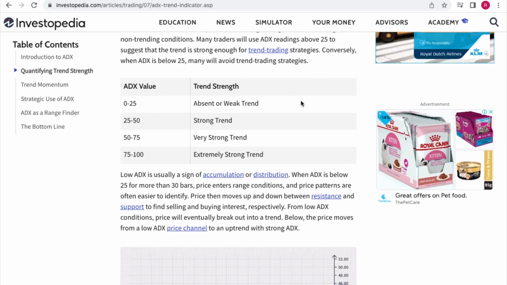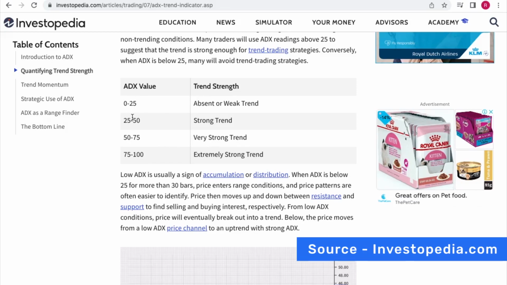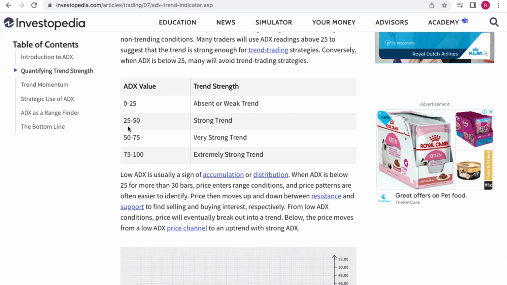This is a great table illustrating what each value of the ADX indicates. Now here this is either 0 to 25, some people take it as 20. So we're looking at values above 20 for our strategy, which indicates a strong, very strong or extremely strong trend.